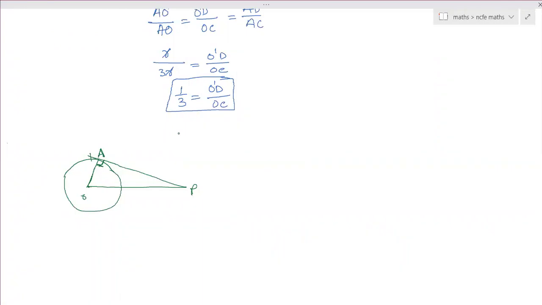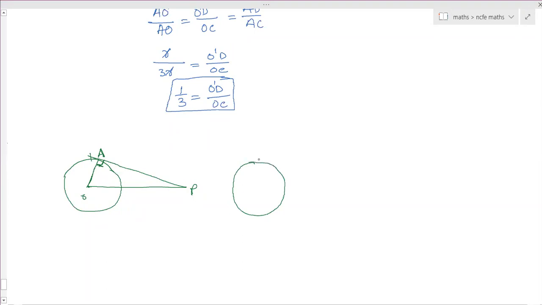Ma'am, another one. If the angle between the two tangents drawn from the point P to a circle of radius A and center O is 60 degree, then OP is equal to dash. What is given?